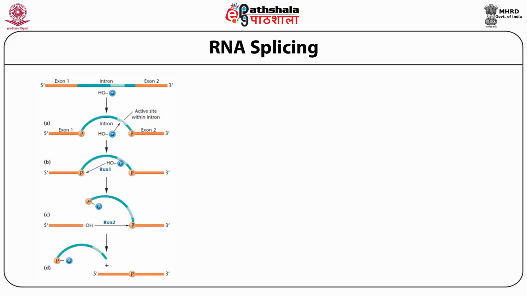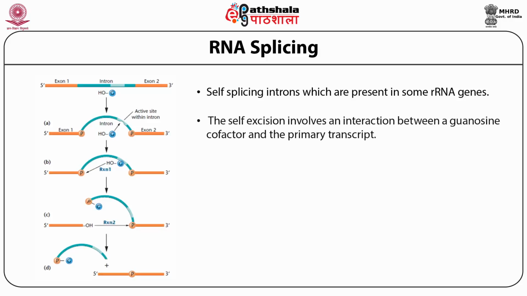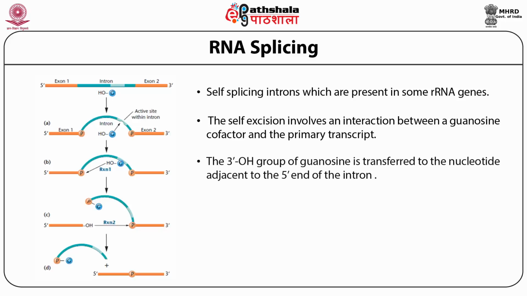RNA splicing. Self-splicing introns are present in some rRNA genes. The self-excision involves an interaction between a guanosine cofactor and the primary transcript. The 3'OH group of guanosine is transferred to the nucleotide adjacent to the 5' end of the intron.